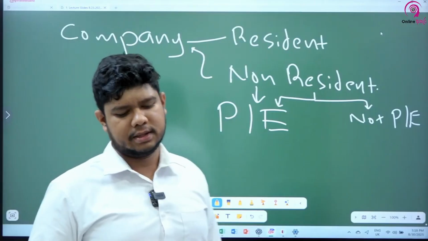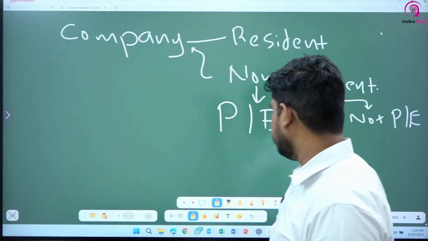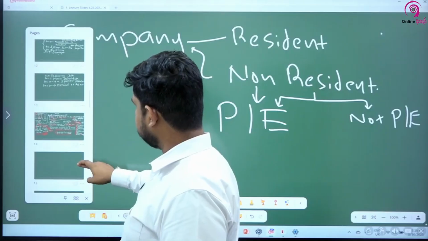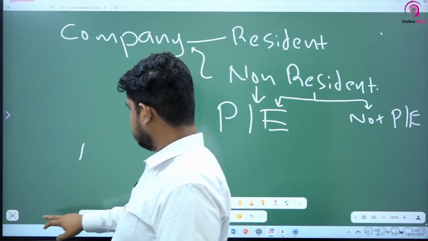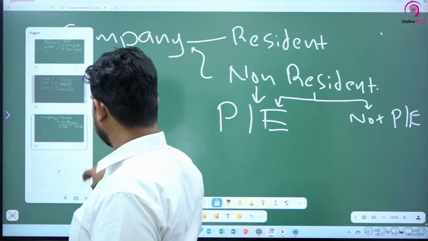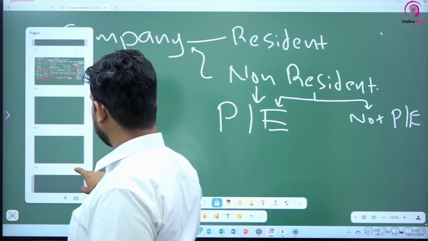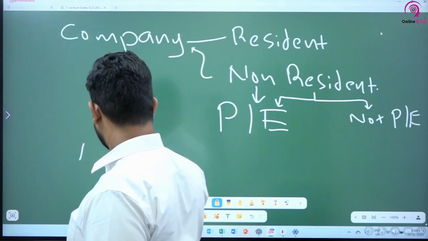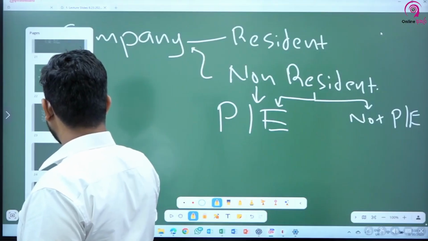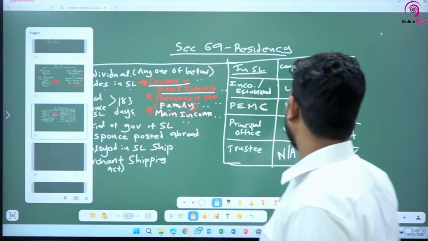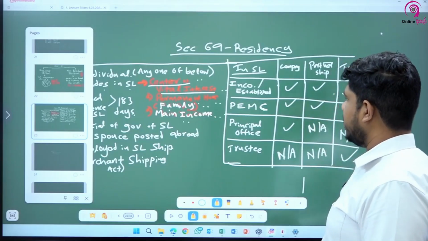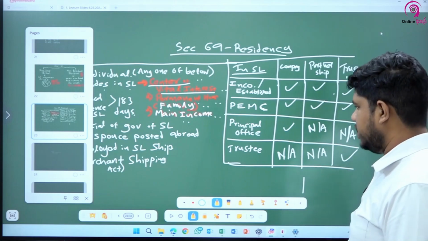In this case, we learn that if a company is to be resident, I'll go to my notes. The company should be incorporated or established in Sri Lanka, the place of effective management should be in Sri Lanka, and the principal office should be in Sri Lanka.